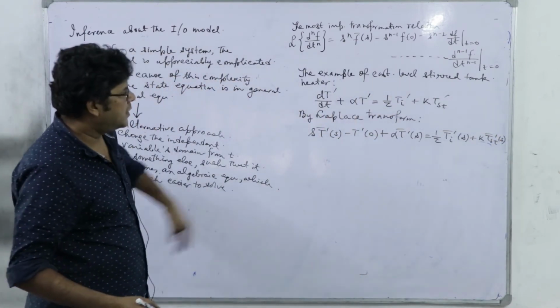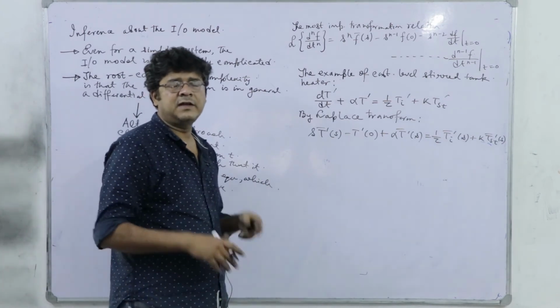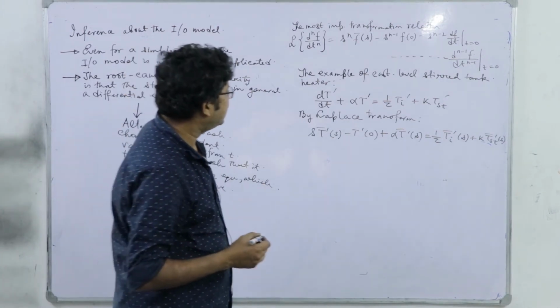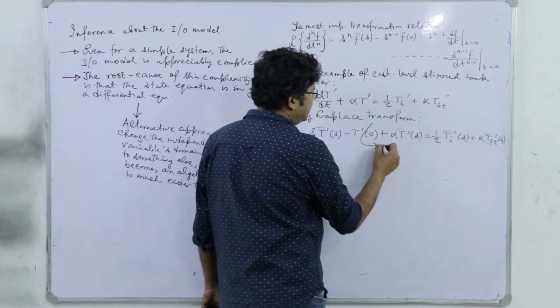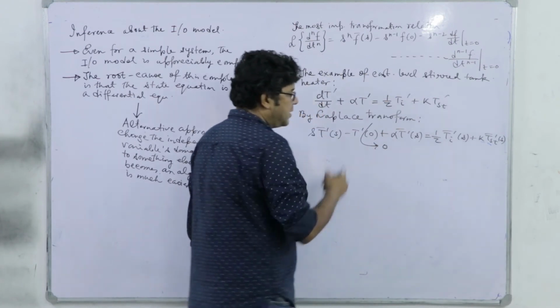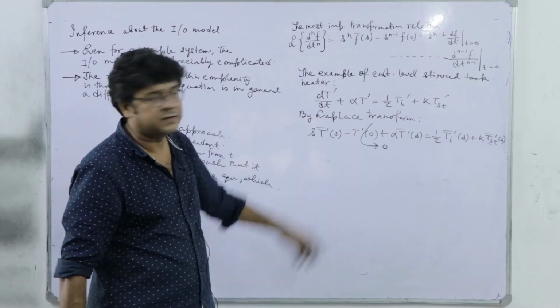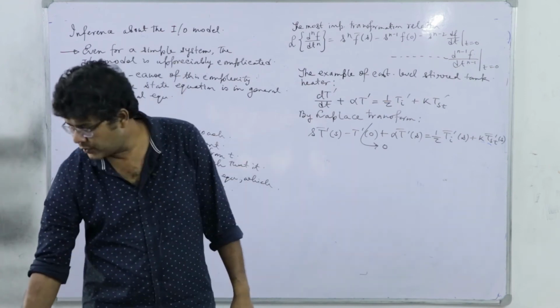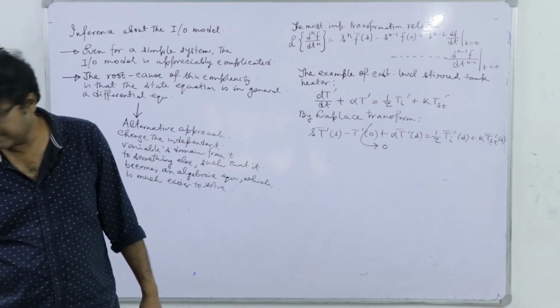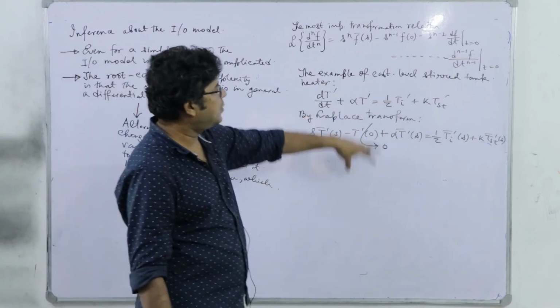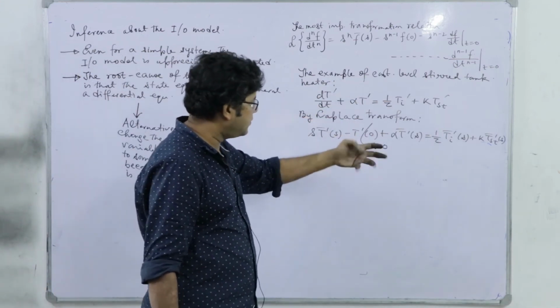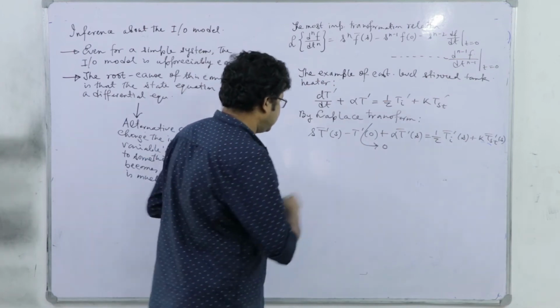Right. Now you see here we have another advantage of transforming the equation in deviation variables. This term is 0, because it's a deviation variable evaluated at time t equal to 0, so essentially this term reduces to 0. So the overall form of the equation gets simplified to some extent.